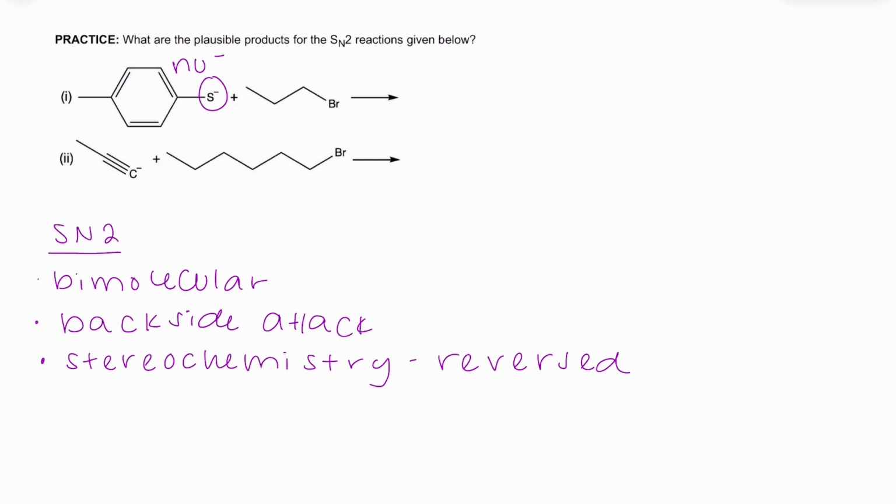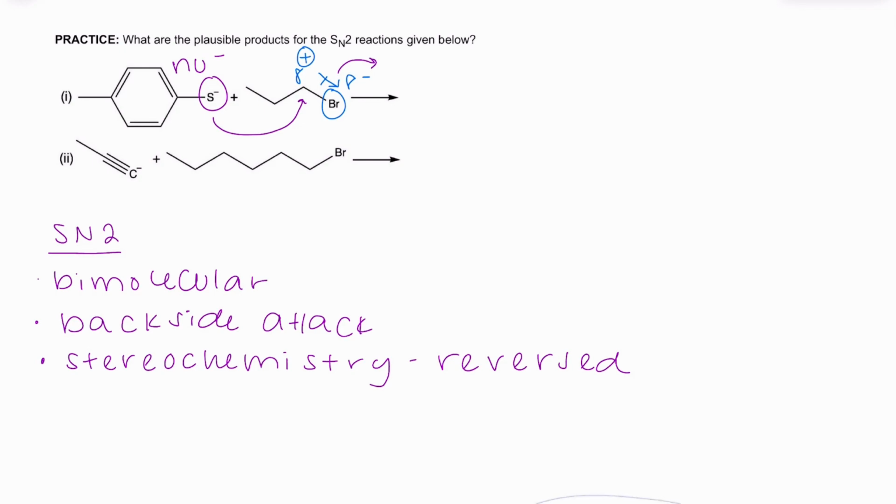And our 1-bromopropane has a good leaving group, the bromine atom. And it is withdrawing the electrons partially to this bromine atom, which means that this carbon bonded directly to the bromine atom is partially positively charged, which makes this a good carbon for the negatively charged nucleophilic sulfur ion to attack, causing the leaving group to leave.